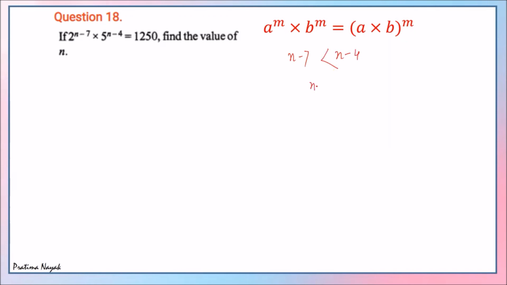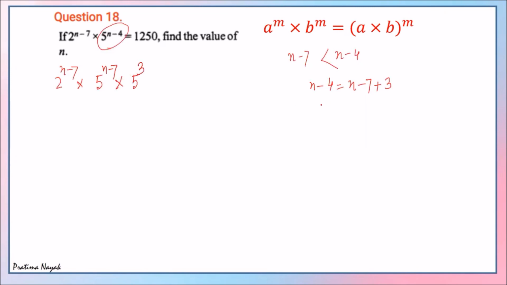So n minus 4 I'll write as n minus 7 plus 3. I'll change this 5 to the power. So I'll write 2 to the power n minus 7 multiplies 5 to the power n minus 7 into 5 to the power 3.